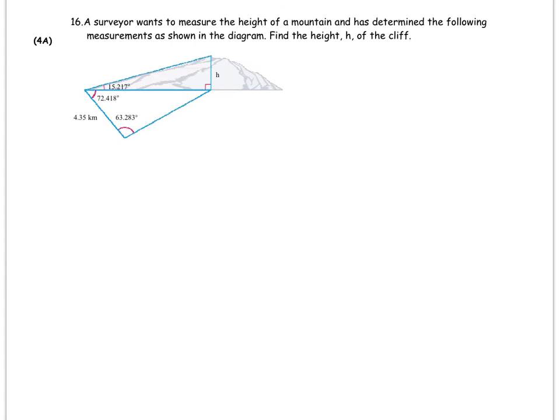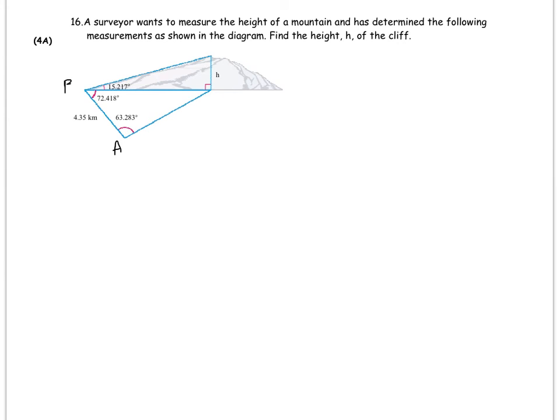The next, or the last, question says a surveyor wants to measure the height of a mountain and has determined the following measurements as shown in the diagram. Find the height h of the mountain. Let's put labels beside all these vertices.